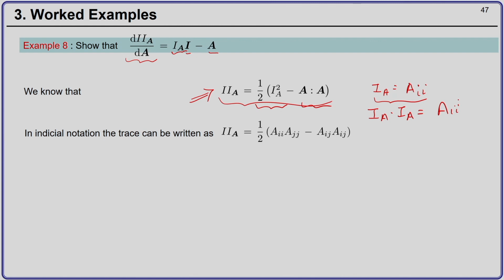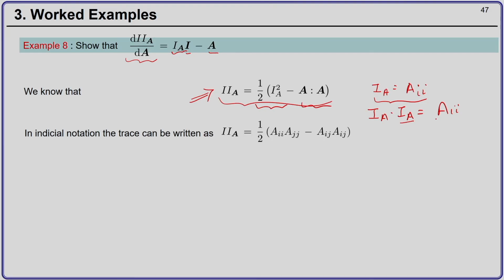Now, for the second I_A, there will be no free index and there will be only repeated indices. So, for the second one we have to choose some other index, because a repeated index cannot occur more than twice.